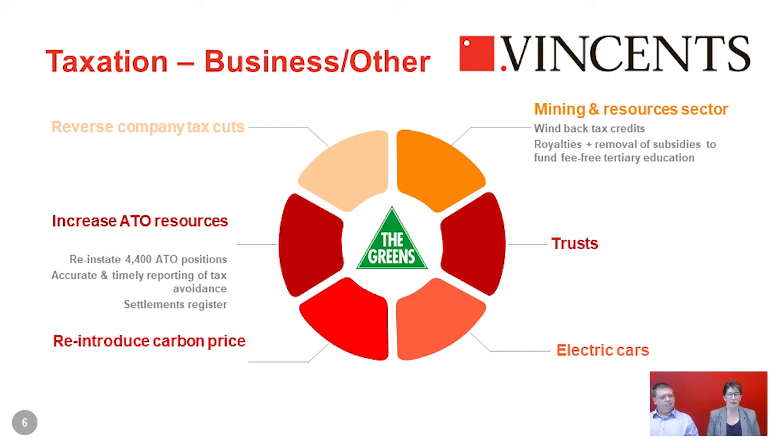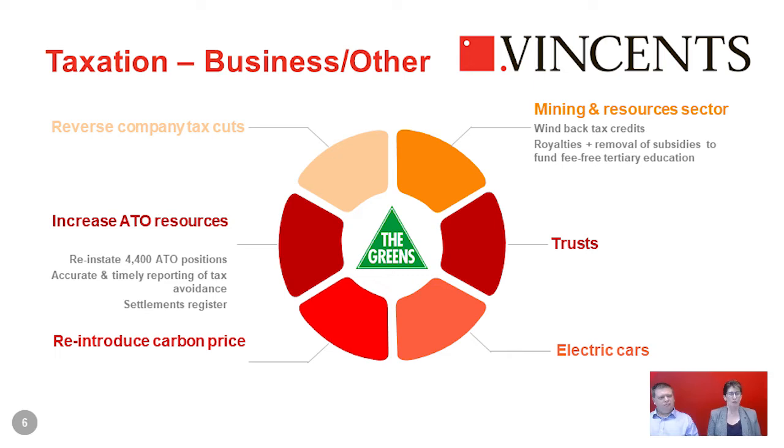So that's something that we can see across the different parties, and they're all approaching it in slightly different ways, but there is a common thread there to essentially crack down on tax avoiders and making taxpayers more accountable for the tax that they're required to pay under the law.